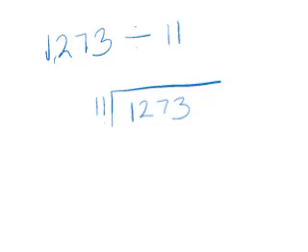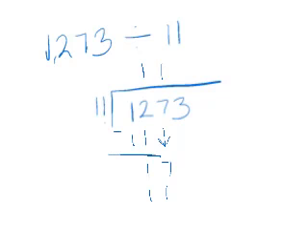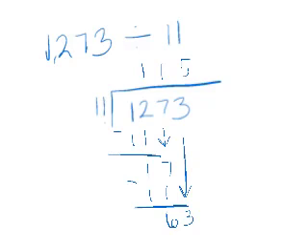Yes, one time. 1 times 11 is 11. Subtract. You get 1, bring down the 7. How many times does 11 go into 17? 1 times 11 is 11. Subtract 6. Bring down the 3. How many times does 11 go into 63? 5. 5 times 11 is 55. Subtract. And you get a remainder of 8.